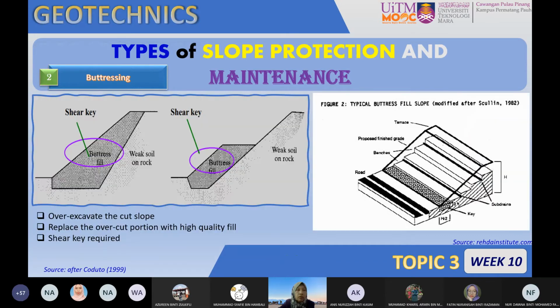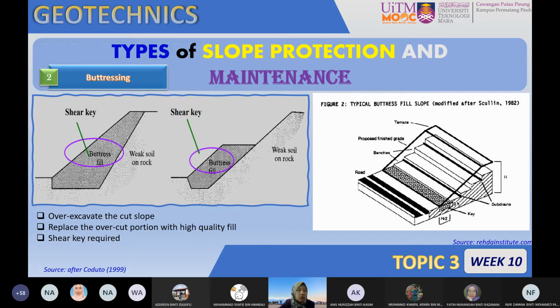And then the second one, using buttressing. Buttressing is one sort of structural strengthening of the slope, with the same objective of retaining the slope from failure. This is the process when dealing with buttressing: you have the shear key, and the buttress can be located along the slope face here, or it can cover half of the slope face.